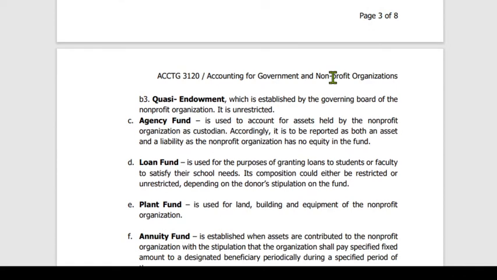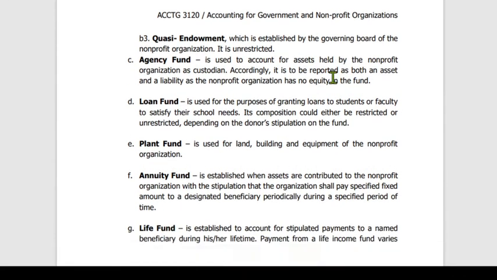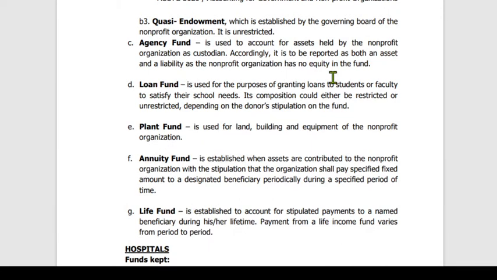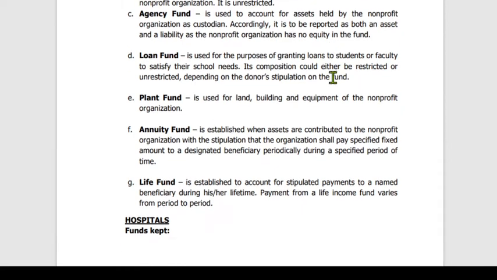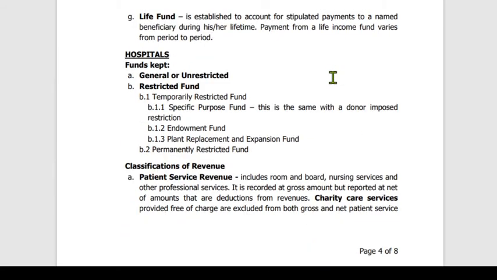So some funds include agency fund, loan fund, plant fund, annuity fund, and life fund. Meron naman naka-define dyan kung saan ginagamit itong mga funds na ito. Please take a look at how it is used. So let us just take a look at how the funds are under hospitals.